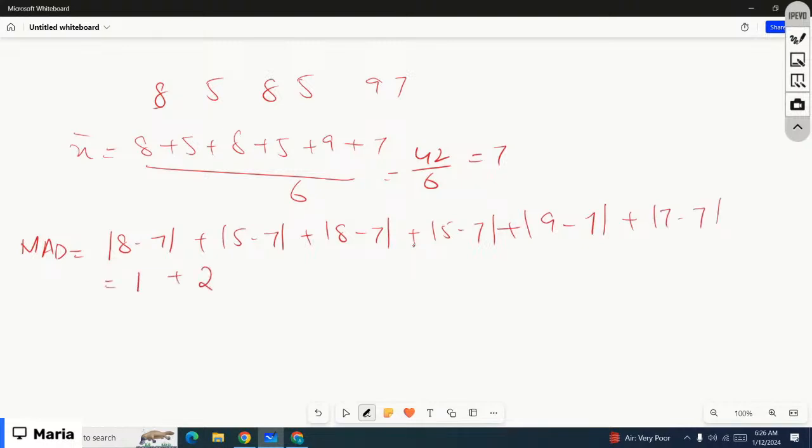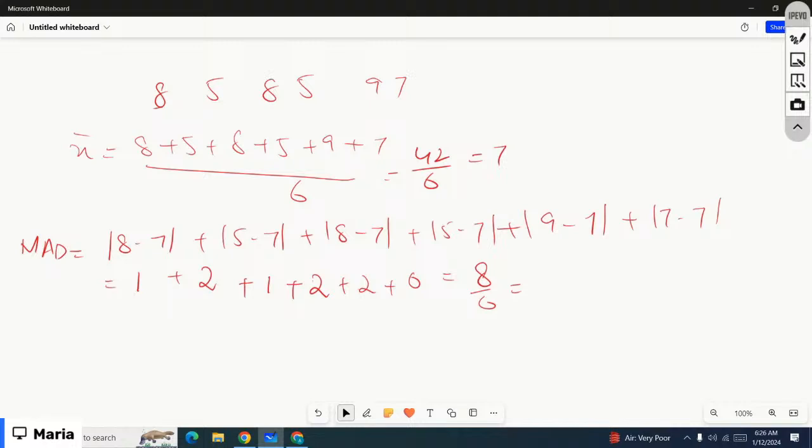So 8 minus 7 is 1, 5 minus 7 is 2, 8 minus 7 is 1, 5 minus 7 is 2, 9 minus 7 is 2, 7 minus 7 is 0. 2, 4, 5, 6, 7, 8. That is 8 divided by 6.